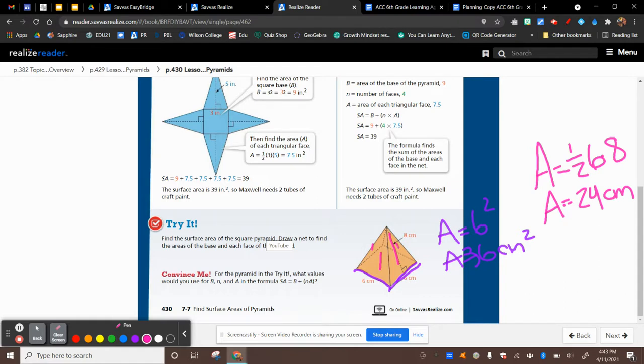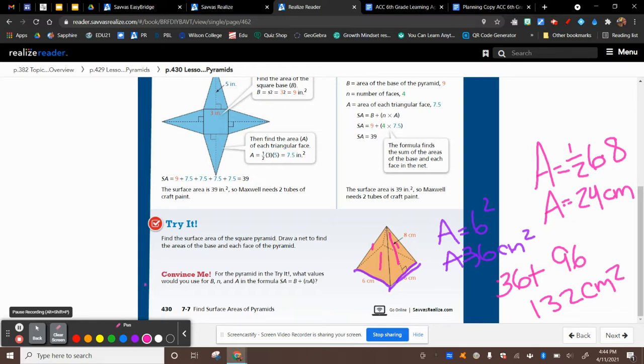So I need to multiply that by 4. So I'm going to add 36 plus 24 times 4, which is 96. And that gives me 132 centimeters squared for the surface area of the square pyramid.